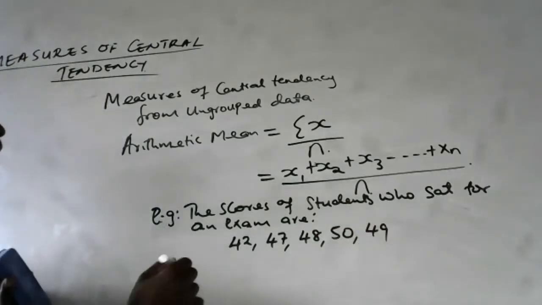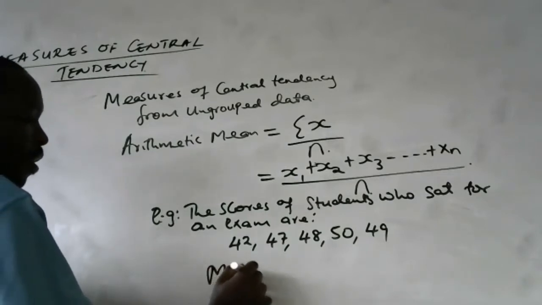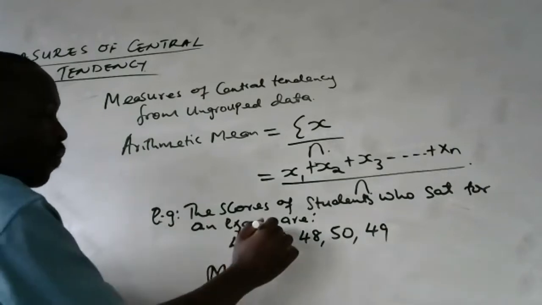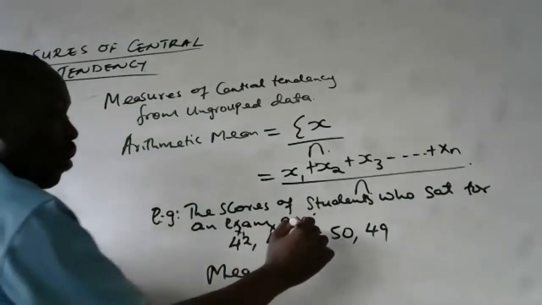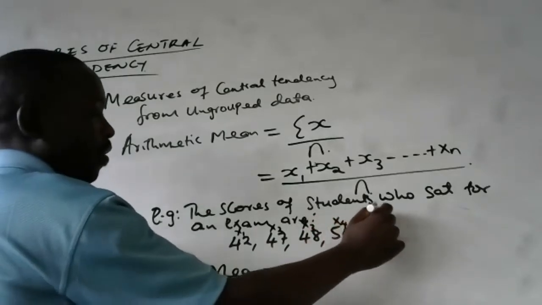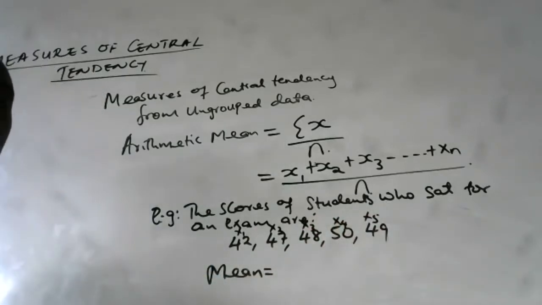Then you will realize that the mean would be given by, remember this 42 is like our x1, 47 is our x2, 48 is our x3, this is x4 and x5. So we have 5 values here.